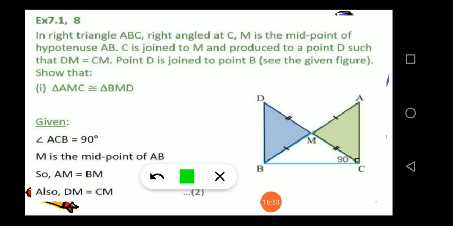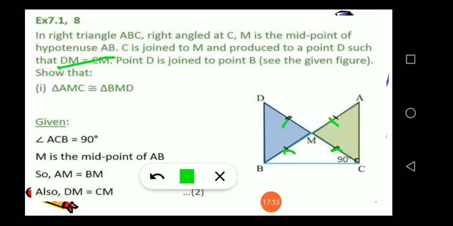So first of all we will mark whatever thing is given. We are given BM is equal to AM because M is midpoint. Then DM is equal to CM. This is also given.